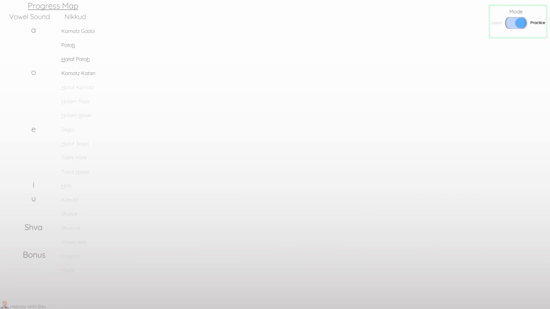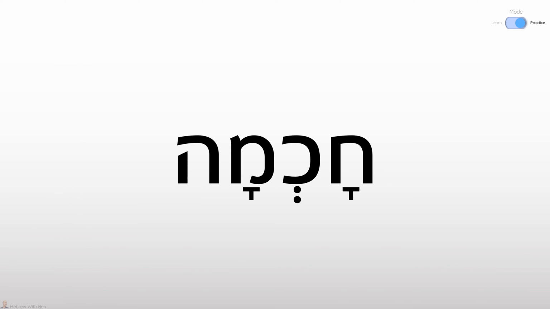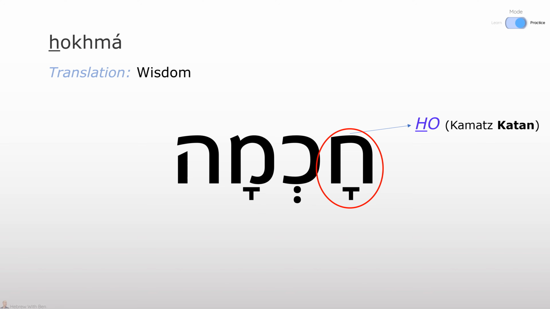Let's see some examples. Look at the word on the screen. At first glance, we see two kamatz signs. The first one is decorating the letter Chet, and the second one is decorating the letter Mem.